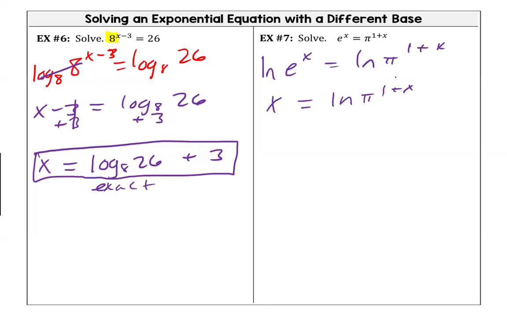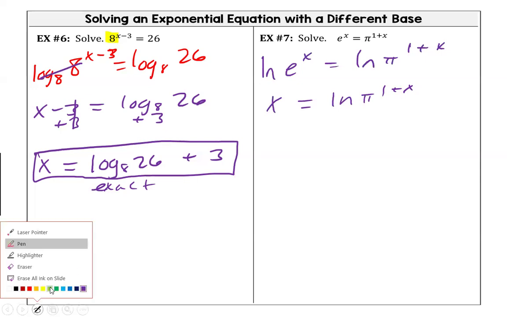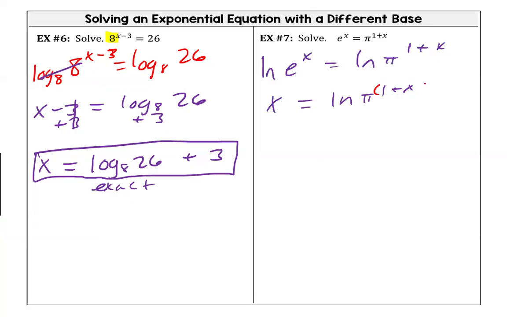Our power property allows us to do what with this? Make it a coefficient. Our power property says that the power of your argument for a log can become its coefficient. So we get x equals 1 plus x times natural log of pi.